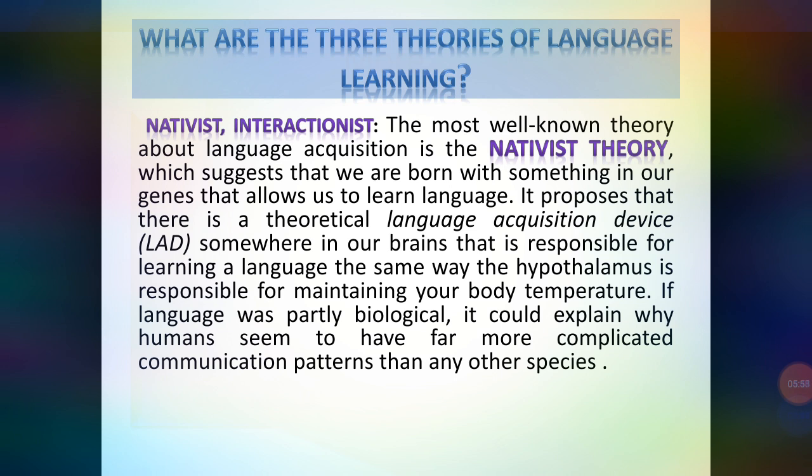It proposes that there is a theoretical language acquisition device somewhere in our brains that is responsible for learning a language the same way the hypothalamus is responsible for maintaining your body temperature. If language was partly biological, it could explain why humans seem to have far more complicated communication patterns than any other species.